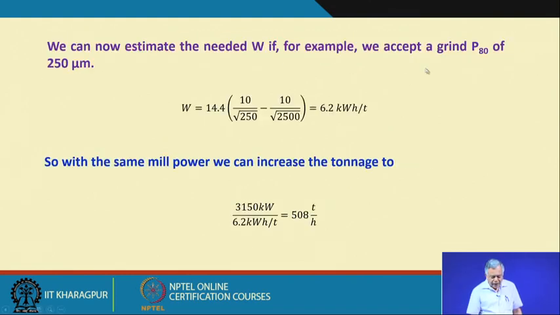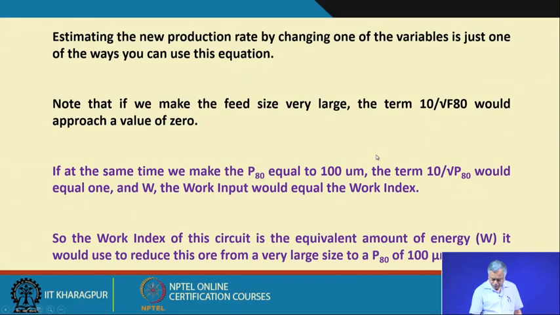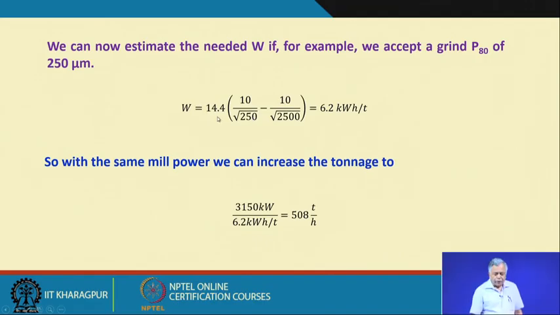So, if we accept a grind P80 of 250 micrometer, then what will happen? W is equal to 14.4, where 14.4 you have got from the WIO value. That is the WI value. So, that is 14.4 multiplied by 10 by root 250 minus 10 by root 2500, is equal to 6.2 kilowatt hour per ton.